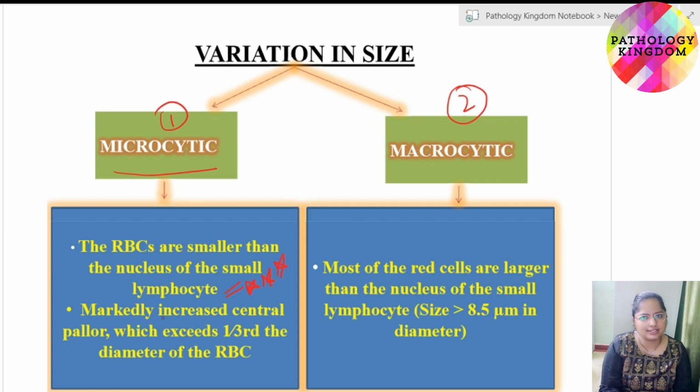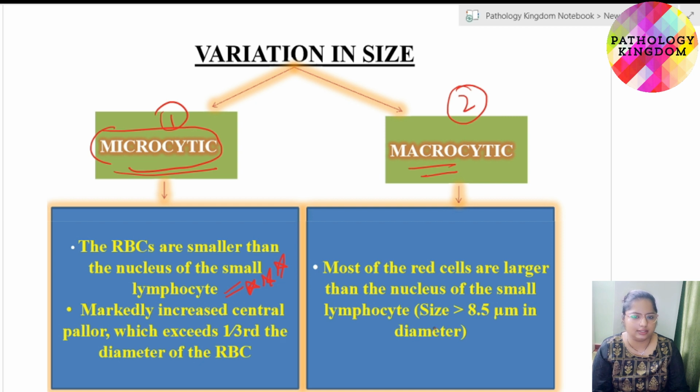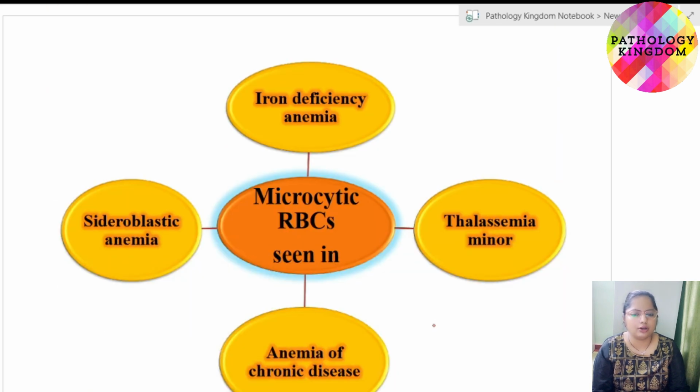Normally the red blood cell will have 1/3 central pallor, but in microcytic condition it will exceed 1/3, and it is usually in combination with hypochromia. Macrocytic, most of the red cells are larger than the nucleus of the small lymphocyte, that is approximately greater than 8.5 micrometer in diameter.